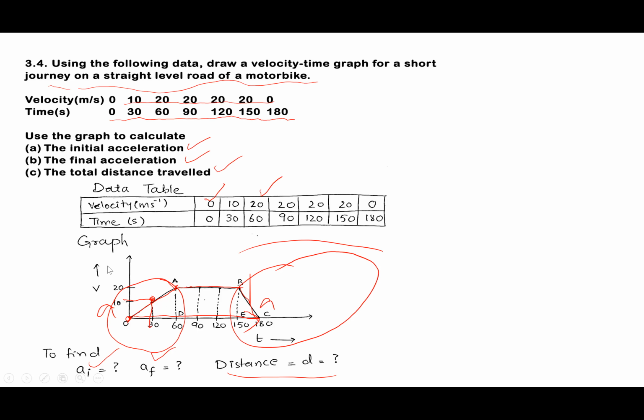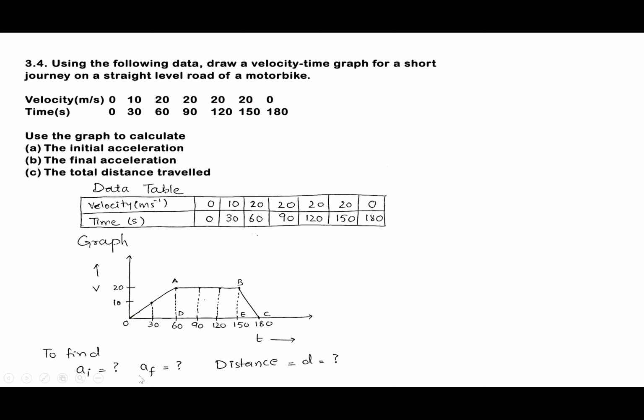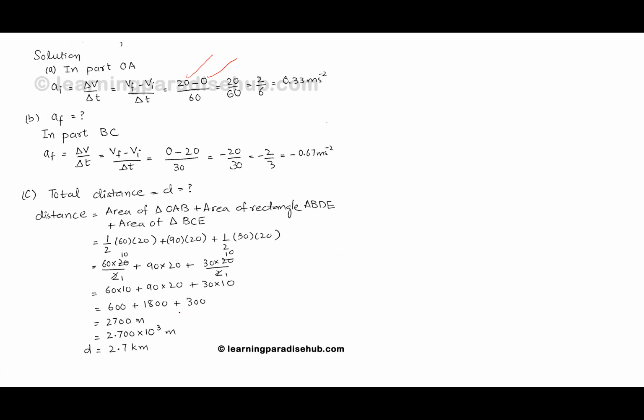I will erase it to understand. Here is the initial acceleration. Here is the final. Final is 20, initial is 0. Time is 60 seconds. So this is the value.